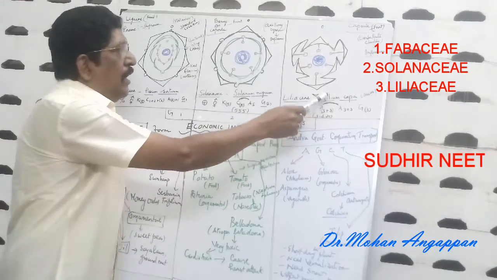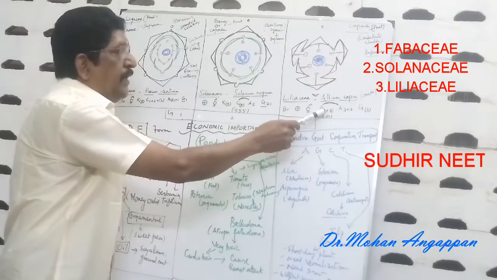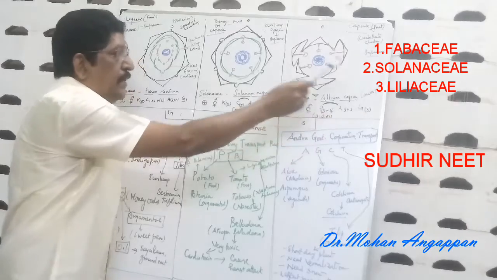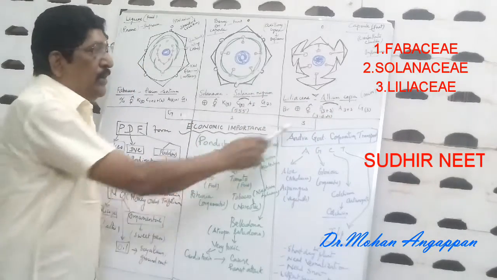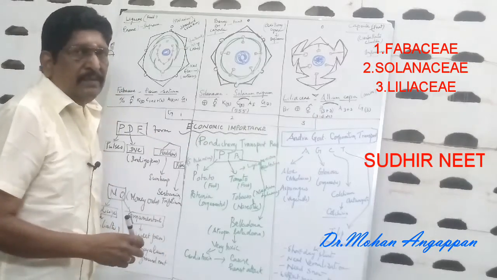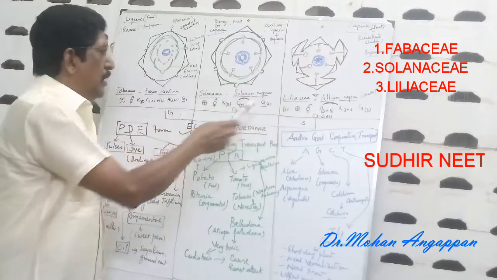Whereas in Liliaceae, all the parts are 3. P 3 plus 3, A 3 plus 3, G 3 united. Okay, so you can remember the number 3 or 3 Idiots, the famous movie, Liliaceae.